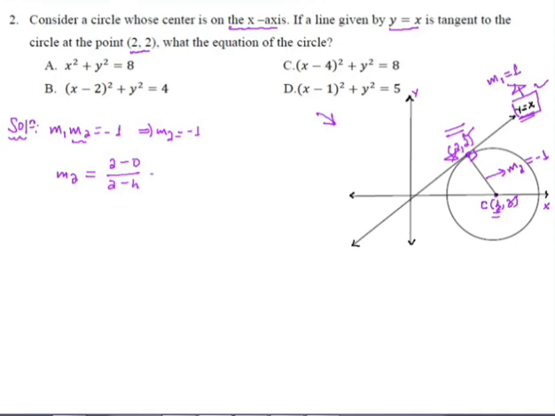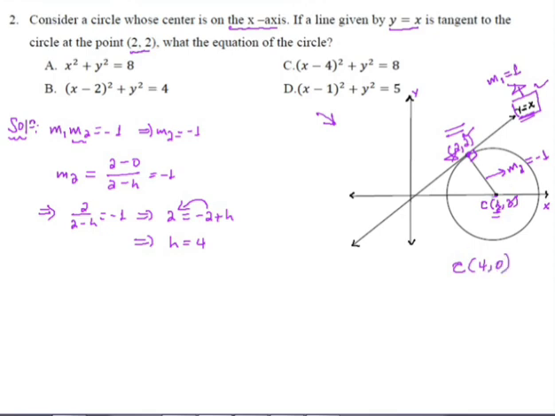This ratio is -1. So 2 over 2 minus h equals -1, which gives 2 equals -2 plus h. So h becomes 4, and the center of this circle will be (4, 0).